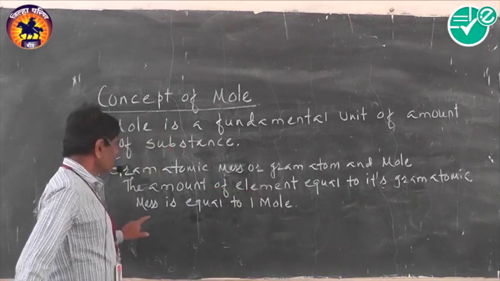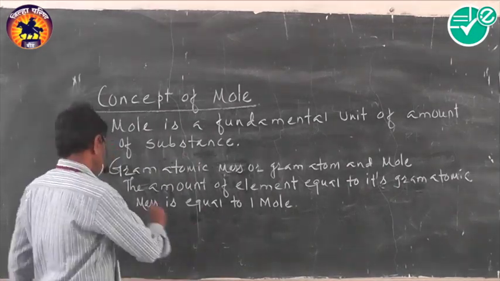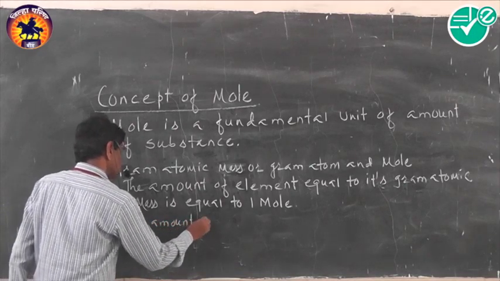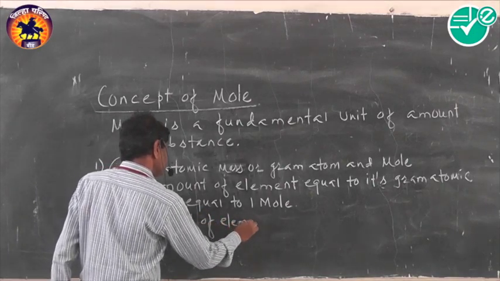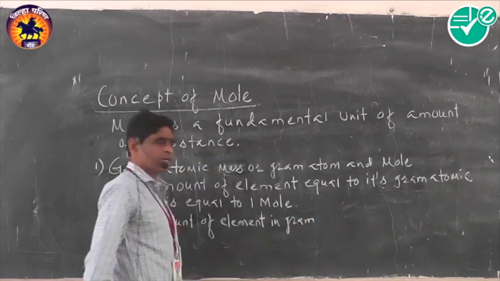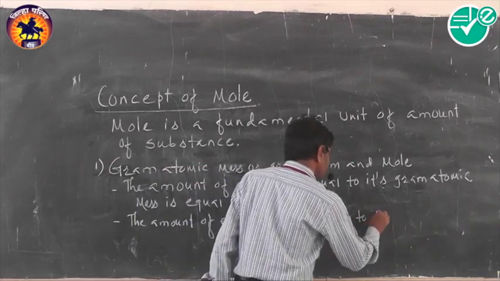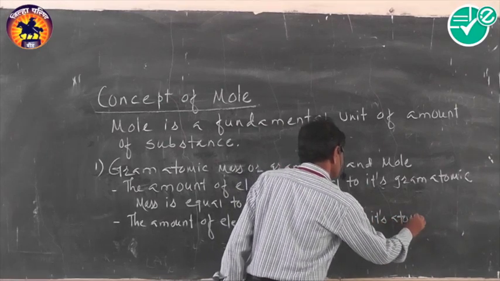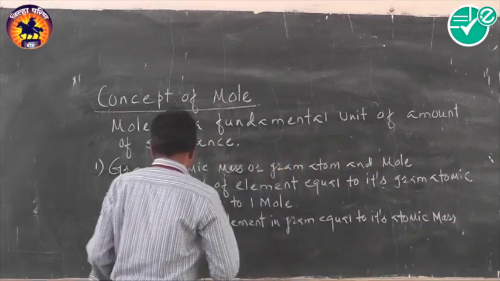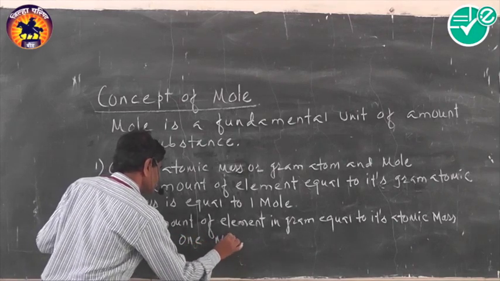Now it means the amount of element in gram equal to its atomic mass is 1 mole.